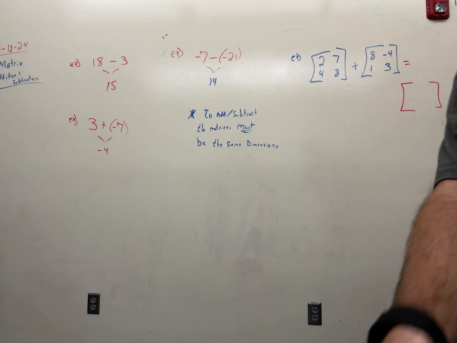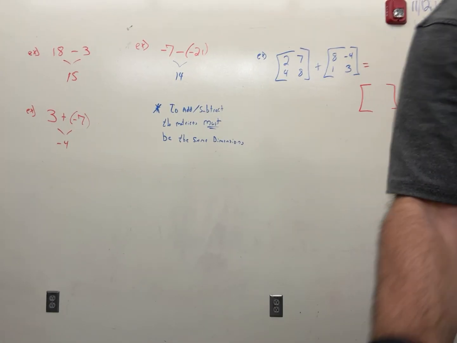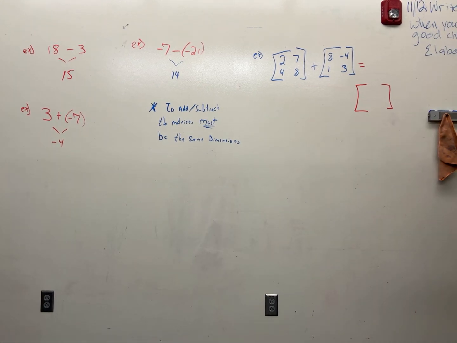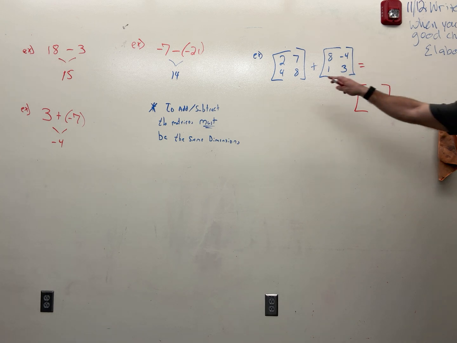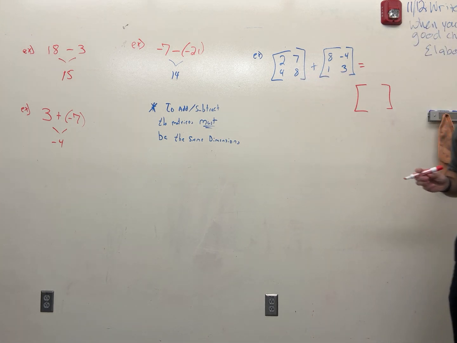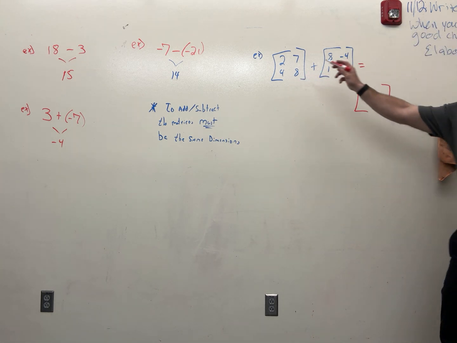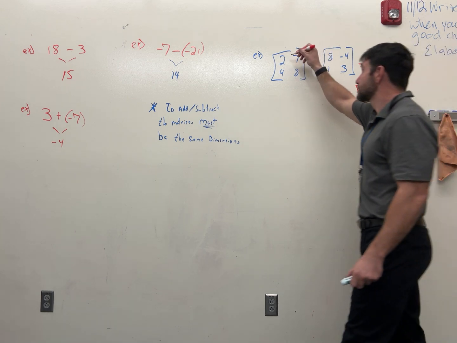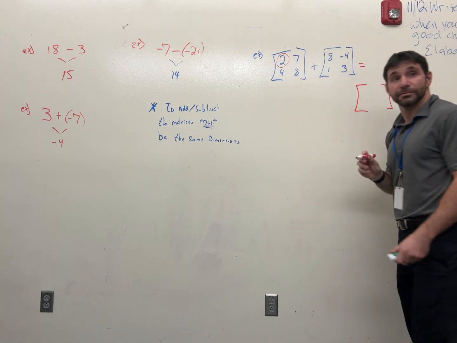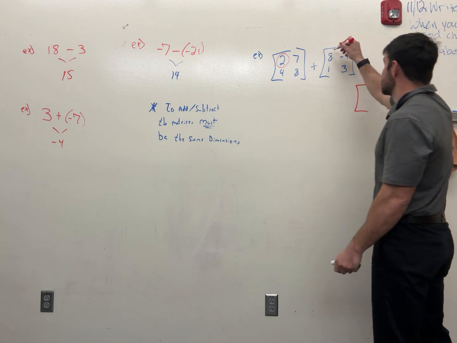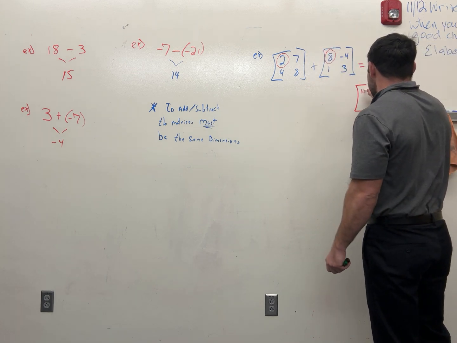Which numbers do you think you're going to add together? We have a 2 by 2 and a 2 by 2. What's in the top left? 2. And what else? 8. That's yours. 2 plus 8 is 10.